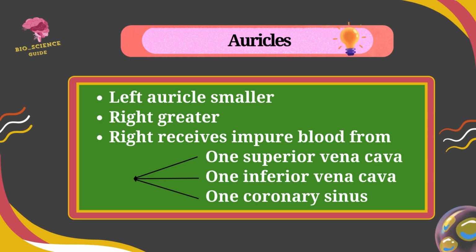The right auricle receives impure blood from one superior vena cava from the upper part of the body, one inferior vena cava from the lower part of the body, and one coronary sinus from the heart.